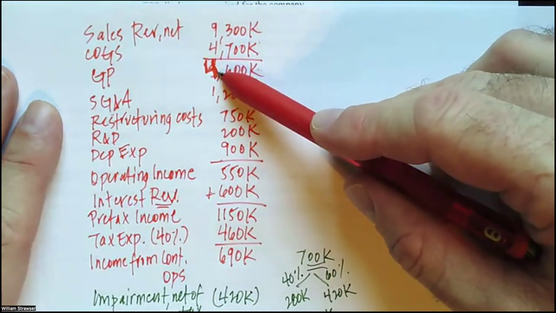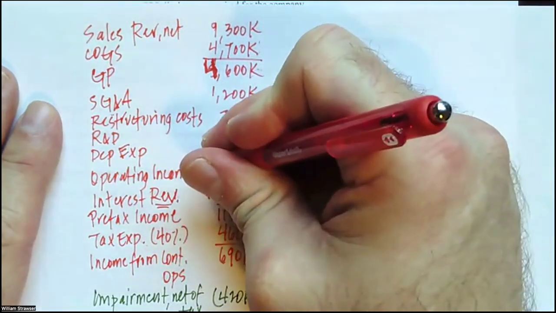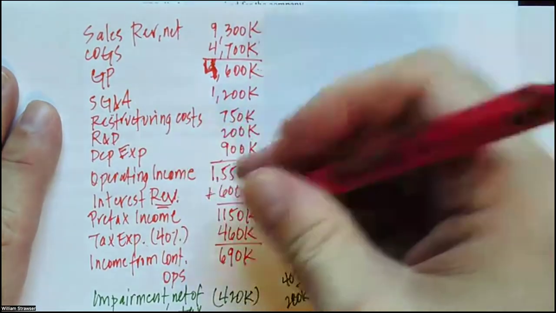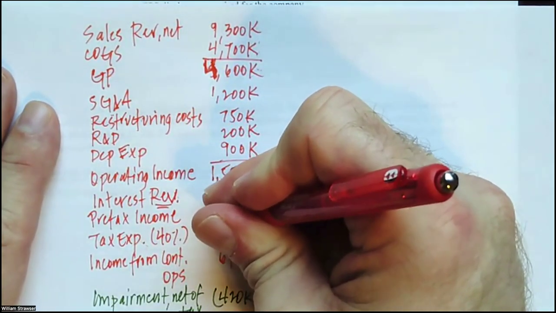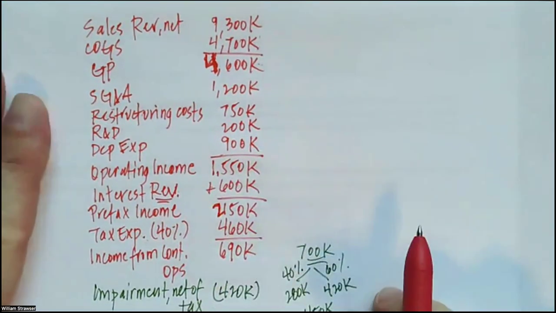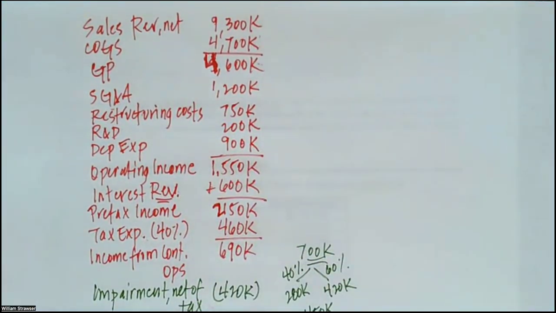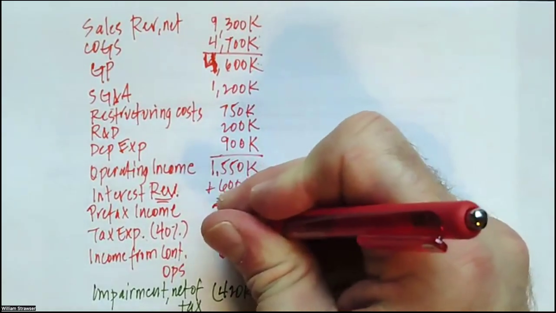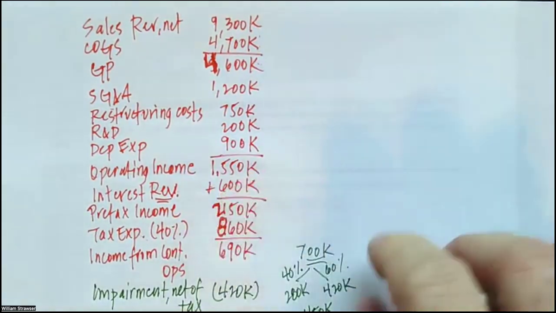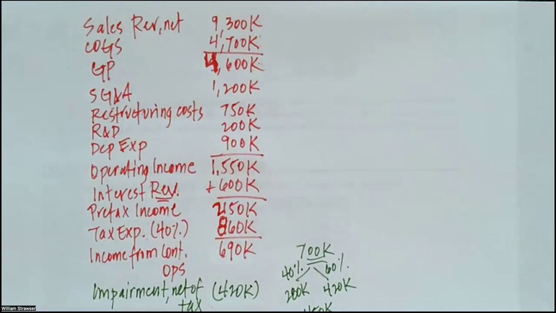So this should be a million higher, which means my pre-tax income should be a million higher, 2,150,000, which changes the tax expense to 860. And then subtract that from 2,150,000.